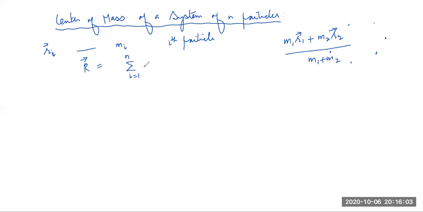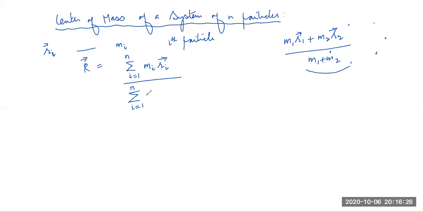So how do I generalize? I will write mi, then ri vector, summation i equals 1 to n. Can you tell me what comes below? mi.